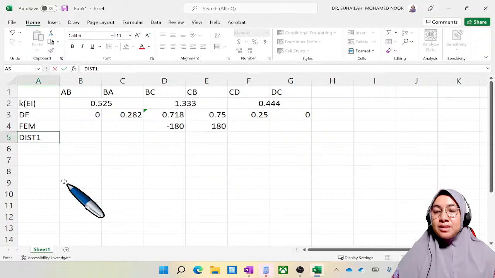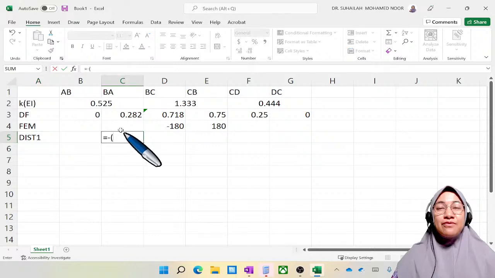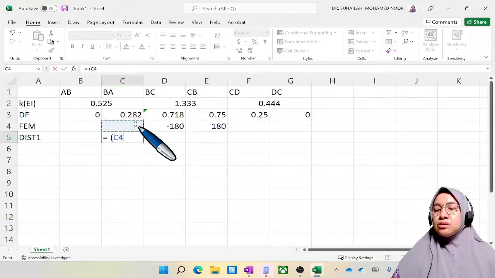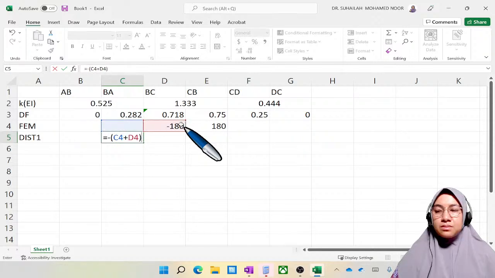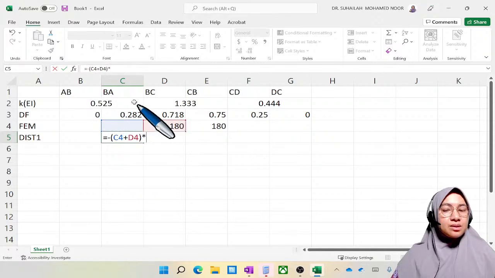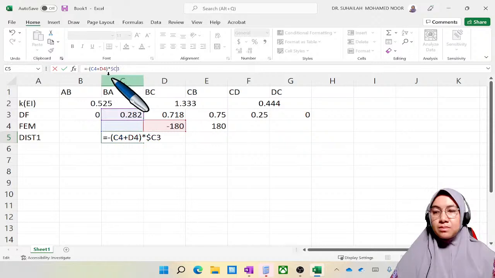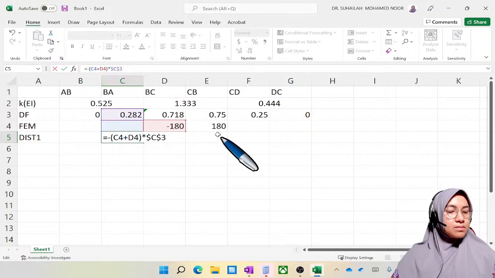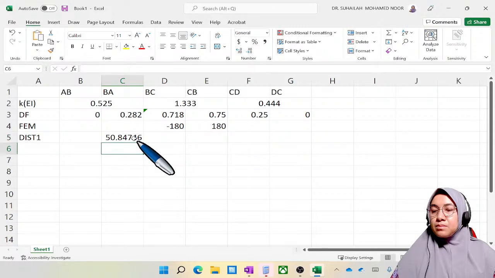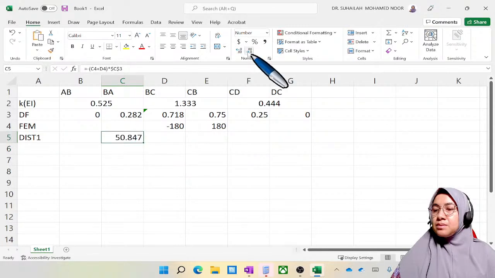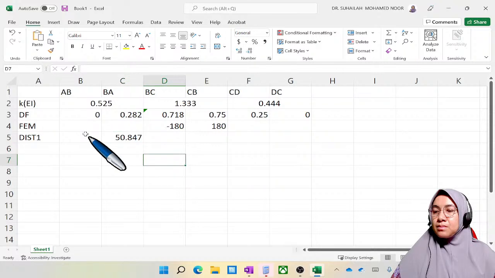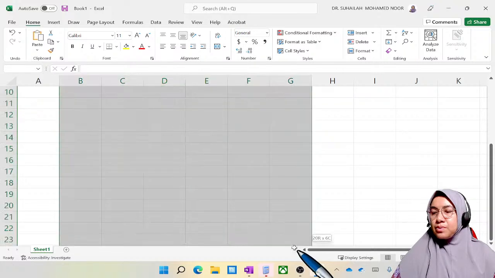So find the total moment. I put negative to represent the opposite condition of joint moment. So this one plus this, times the distribution factor. Wait, I want to format this first, format cell.